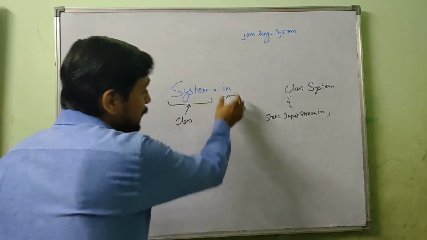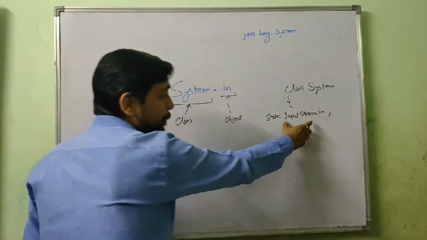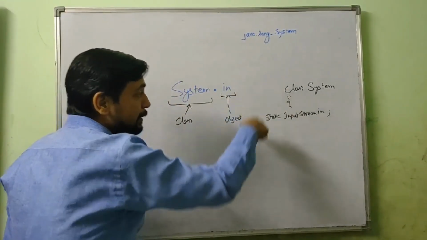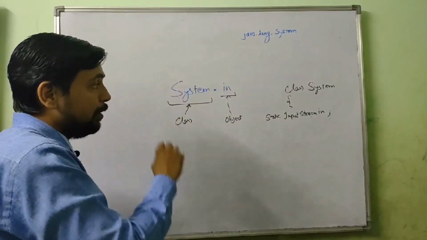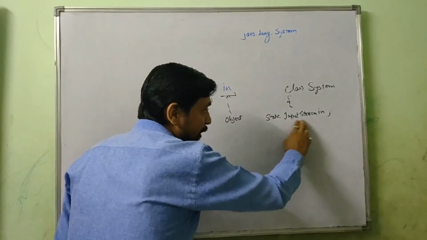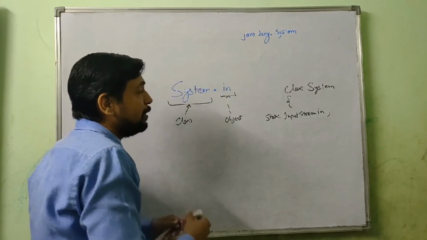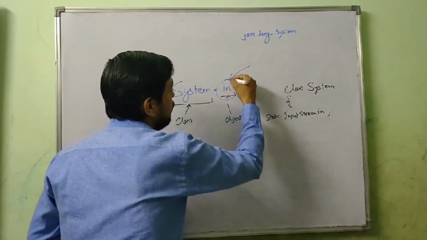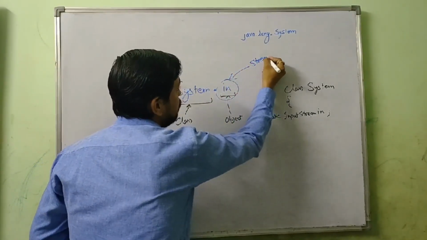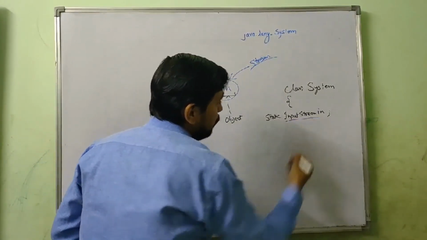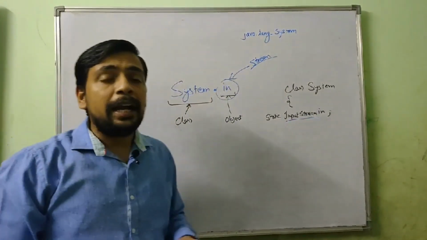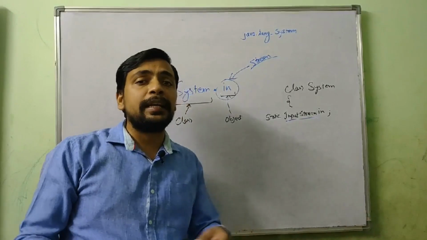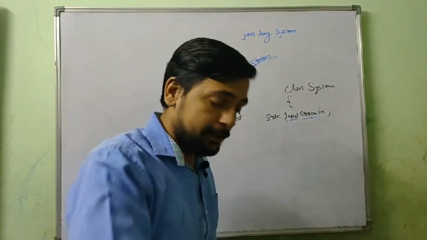Now in is an object of InputStream class declared inside system class. So of course, with the name you have understood, in is referring to a stream. And which sort of stream? Input stream. And to access that in object, we can call it as system.in.